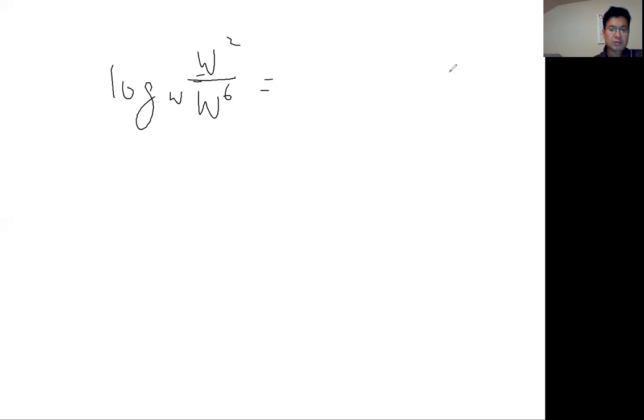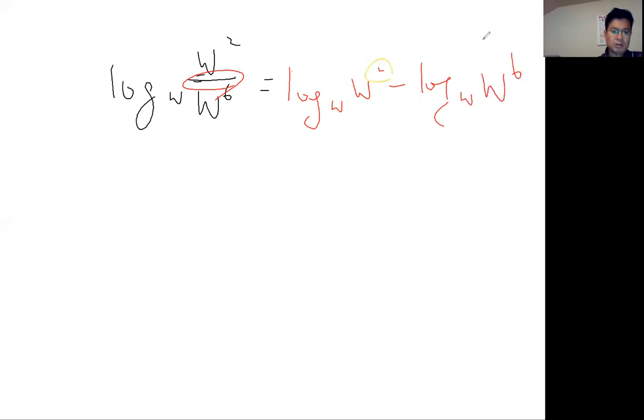We can take out this division sign as a minus, so that we put log base w of w squared minus log base w of w to the 6th power. And then 2, you can put it down, 6, put it down, and the log goes away. So which is 2 minus 6, which is minus 4.